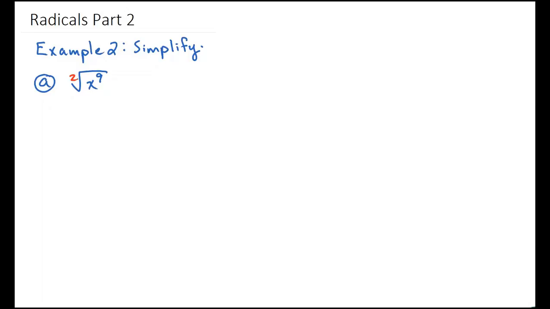I'm going to write this out the long way. What I'm about to do, you don't need to do as a part of your work, though. So that gives us the square root of x squared times the square root of x squared times the square root of x squared times the square root of x squared times the square root of x. Again, you're just going to go through that thought process in your head: if I have 9 x's and I need to put them in groups of 2, then I'm going to get a total of 4 groups of 2, and then there's one guy there that's left out in the rain.